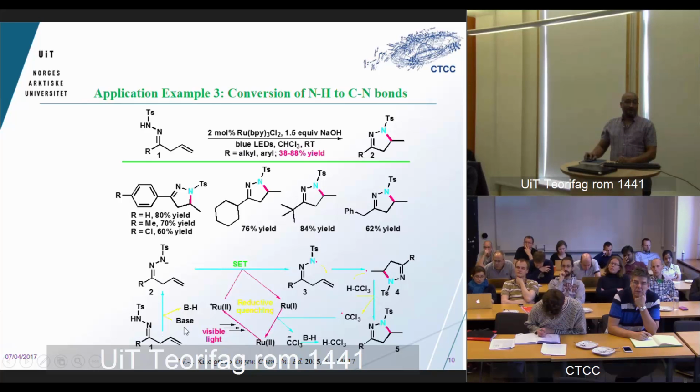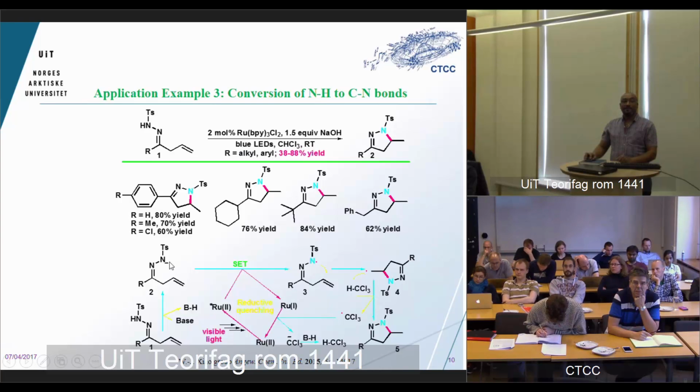A base will come to this compound, abstracting this hydrogen and forming this N-, and simultaneously ruthenium absorbs light and gets excited, and this excited ruthenium photocatalyst will accept one electron from this N- and convert to ruthenium-1.